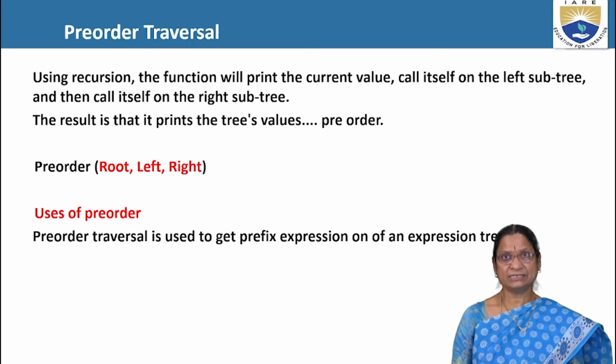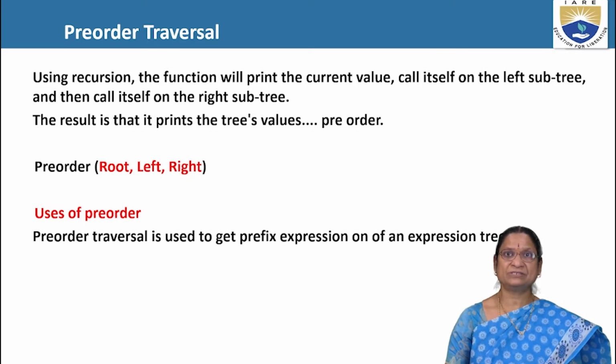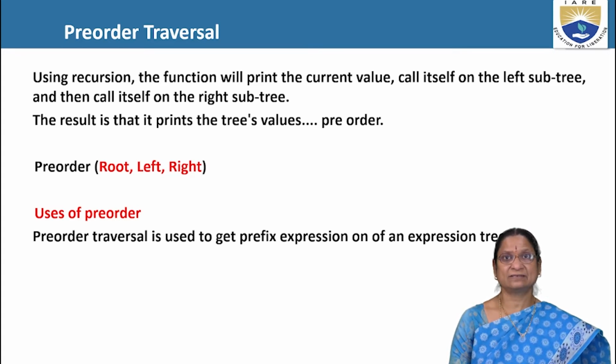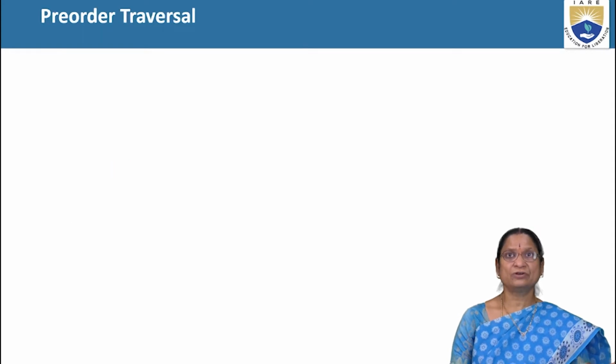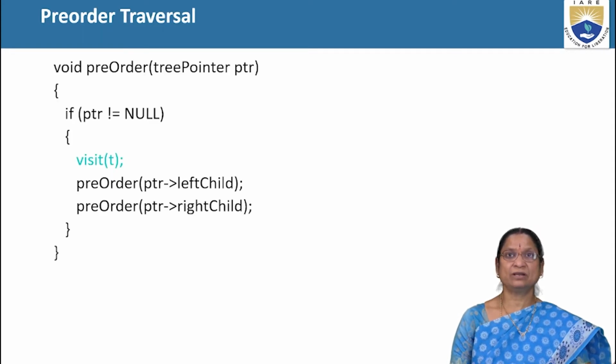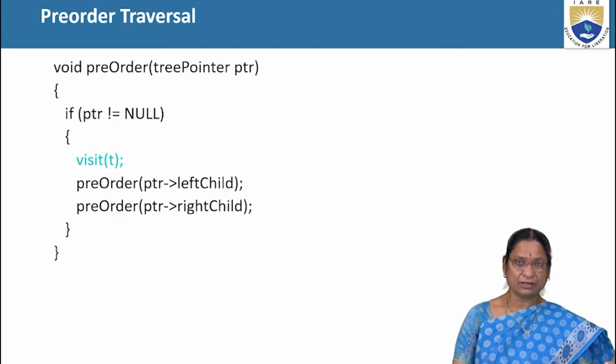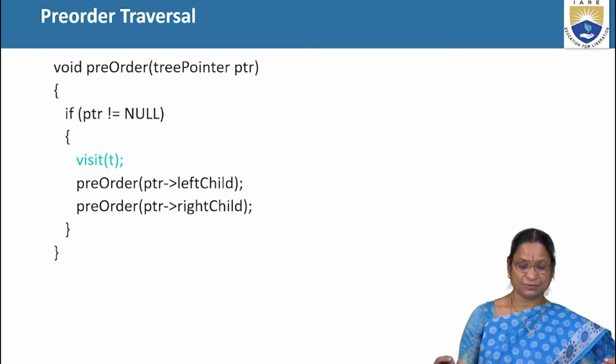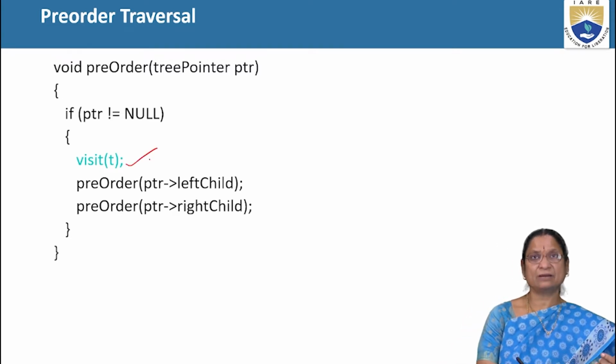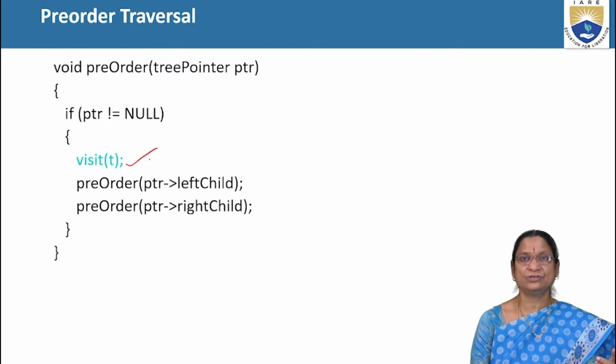So what is preorder? Root, left, right. First the root has to be processed, then it moves to the left subtree. In the left subtree again root, left. This process is continued. Once no left subtree exists, then it will move to the right subtree, and so on and so forth. So if you consider a small recursive algorithm, preorder means first process the root: visit t or print t, whatever you would like to use.